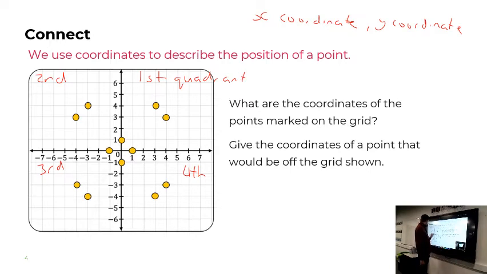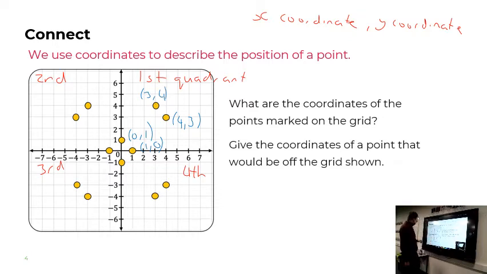The x value is 0 and the y value is 1. The second point, the x value is 1 and the y value is 0. The third point, the x value is 4 and the y value is 3. And the fourth point, the x value is 3 and the y value is 4.